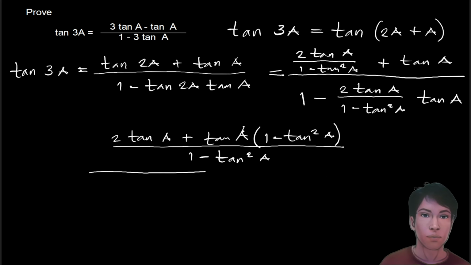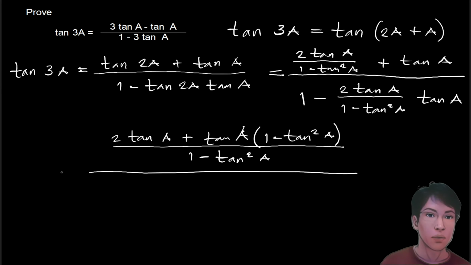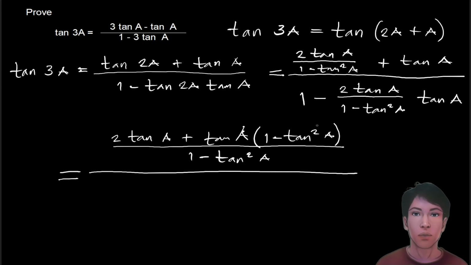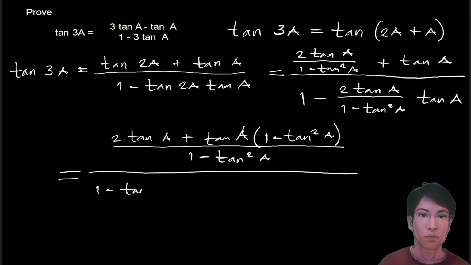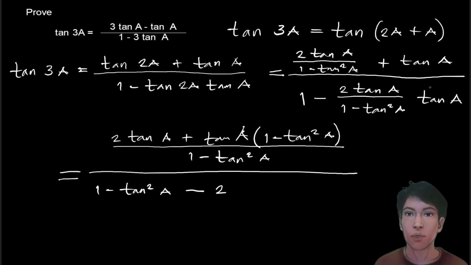And then this is divided by the denominator, so 1 minus tangent square a. This one multiplied by 1, then minus this one, so 2 tangent square a, I'll be multiplying this one over here.